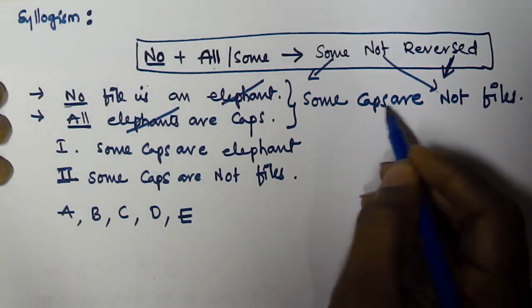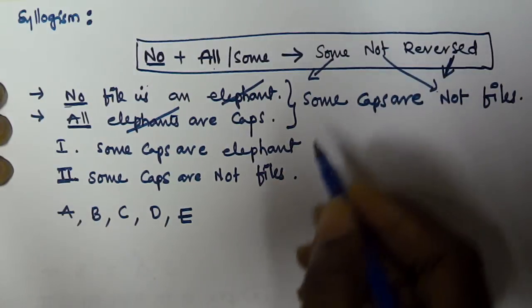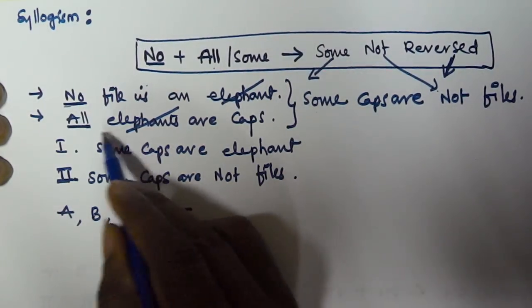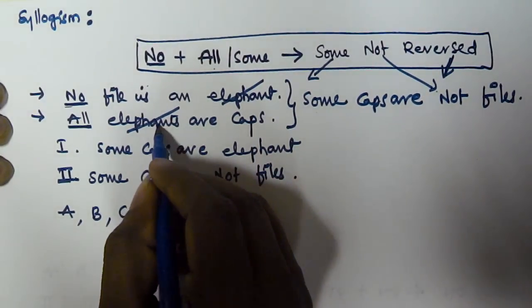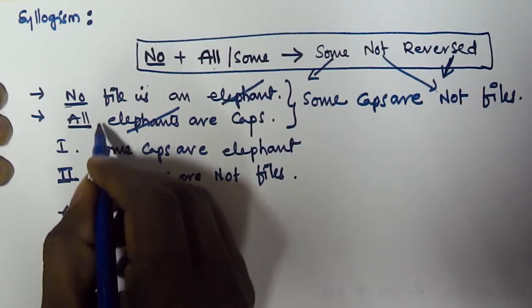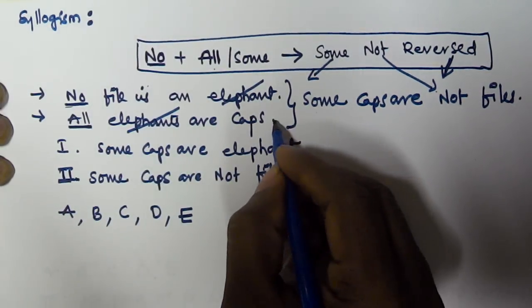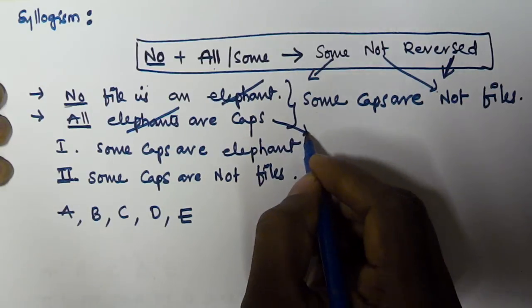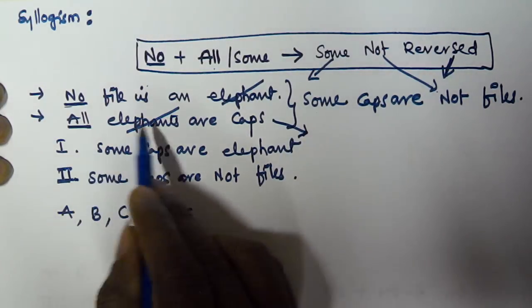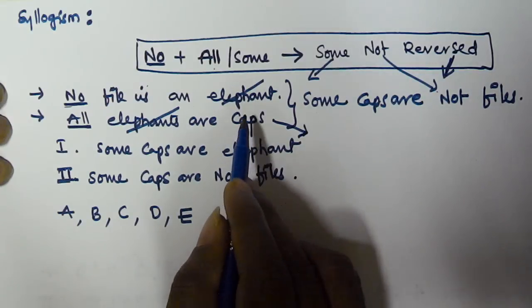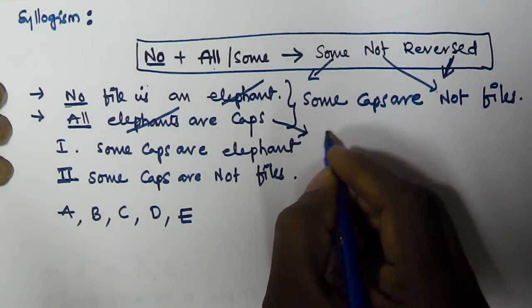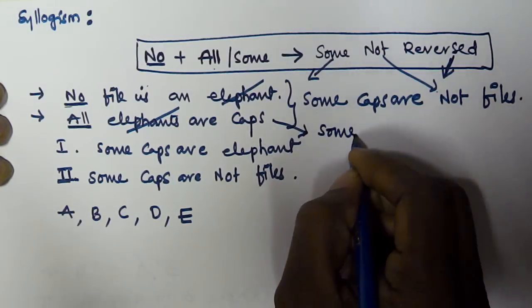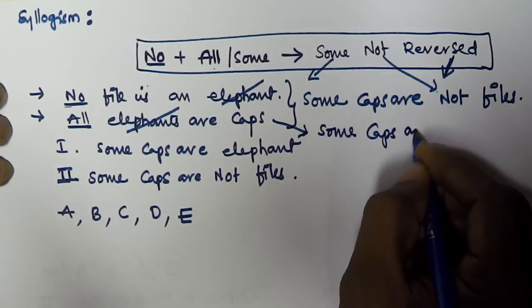I hope you got this one. The next one: all elephants are caps. When we interchange elephants and caps, this all will become some. In the first video I told this logic. So from the second statement alone, we can derive some caps are elephants.